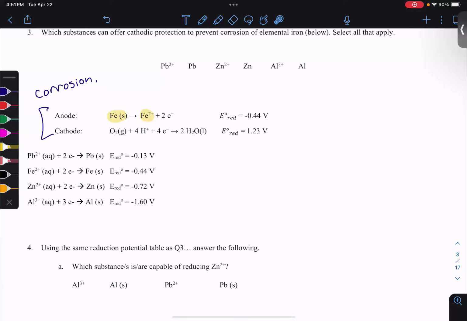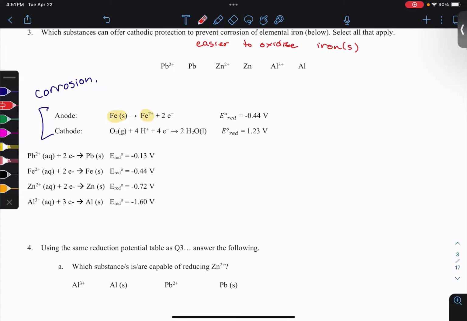So here are a bunch of different reduction potentials and values of different materials that may or may not offer cathodic protection. The idea here is we want to look for a substance that is easier to oxidize than iron solid.